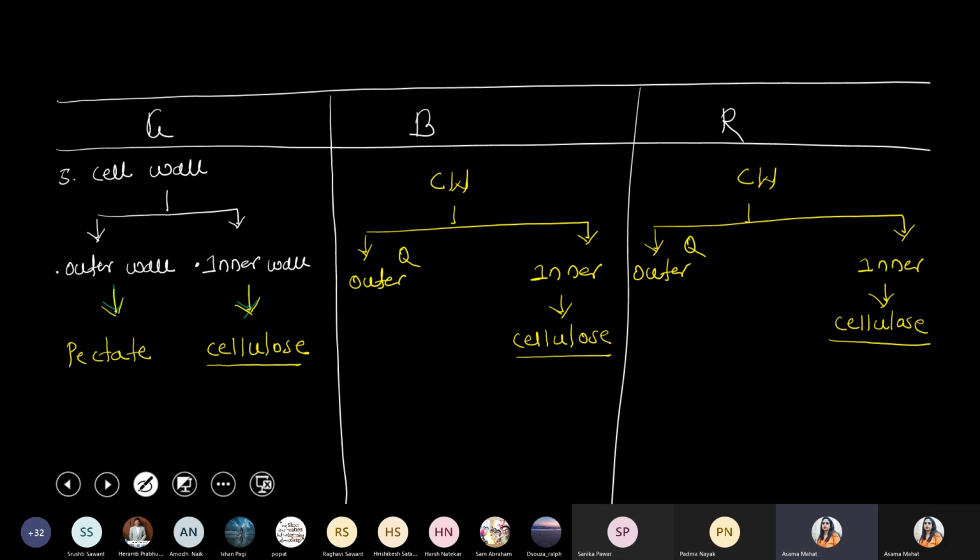Whenever we are talking about that outer layer, first of all we are talking about brown algae. That outer layer is made up of a material called hydrocolloid material. So I'm writing such information: outer layer made up of hydrocolloid material.